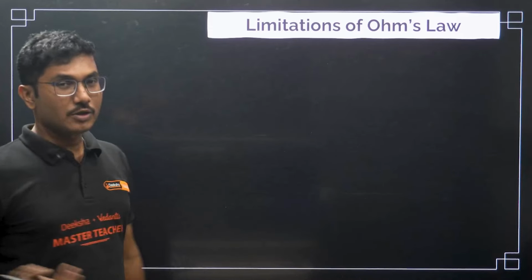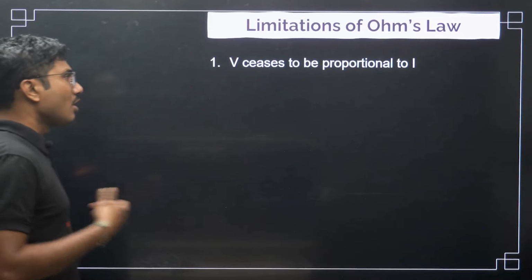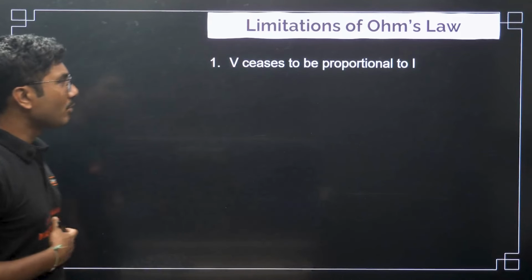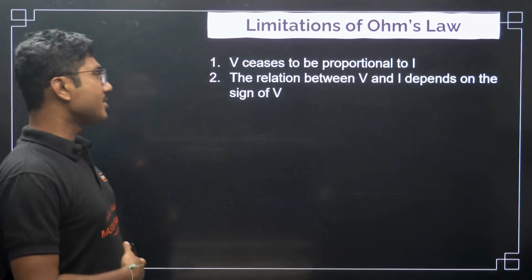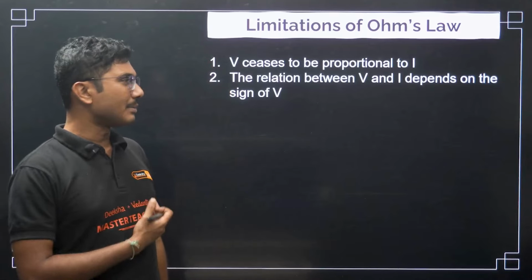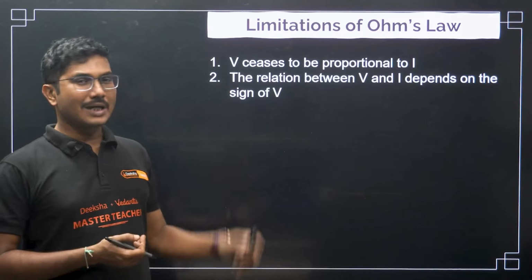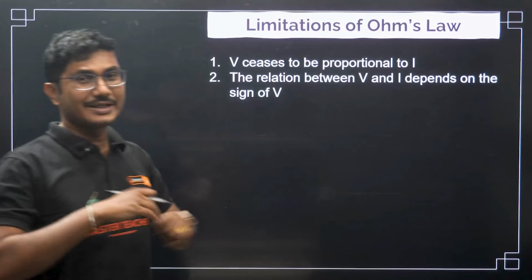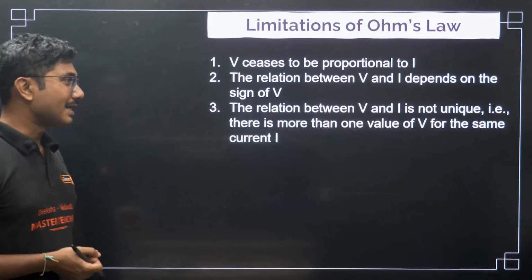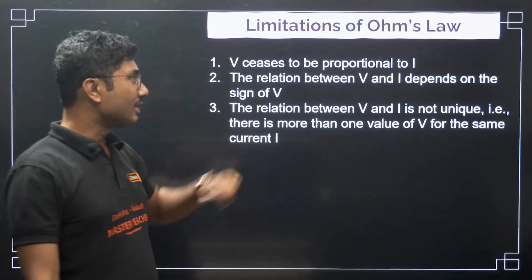Now limitations of Ohm's law. As I said, Ohm's law is not always correct. V ceases to be proportional to I. The relationship between V and I depends on the sign of V. These are the few examples you have to remember. There are some diagrams. If you are interested in detailed study, you can go to the Sankalp channel, where I have done a detailed analysis of all the properties.